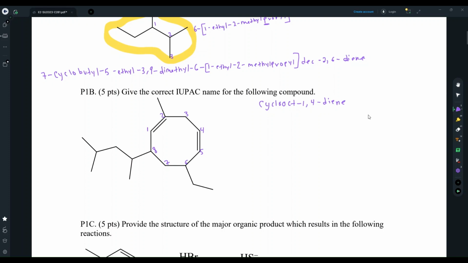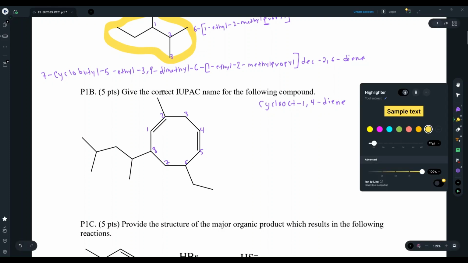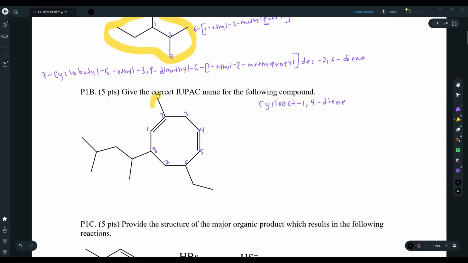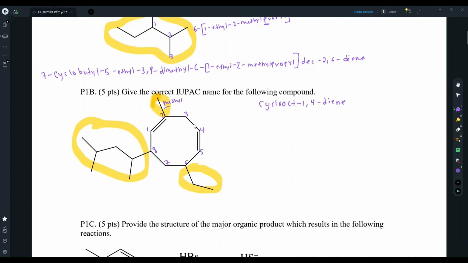And now let's highlight our substituents. This one, and this one. And then this one is a methyl. This one is an ethyl. This one is 1, 2, 3, 4, a butyl.